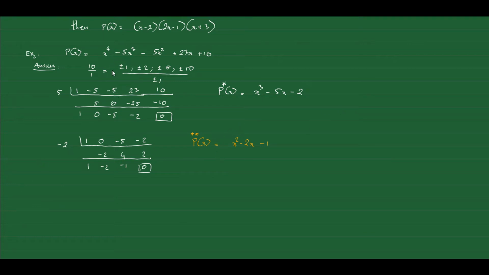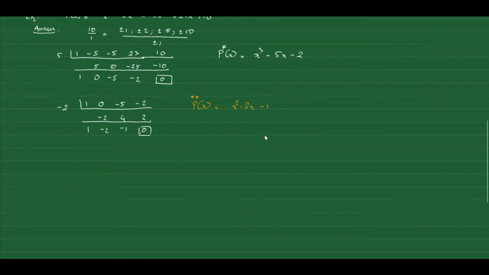And after you plug all the other numbers in and see that none of them go into this evenly, giving you 0 as remainder, it means that this is just a quadratic equation, and it doesn't give you a nice solution, probably something with radicals. And we go ahead and use the quadratic formula.